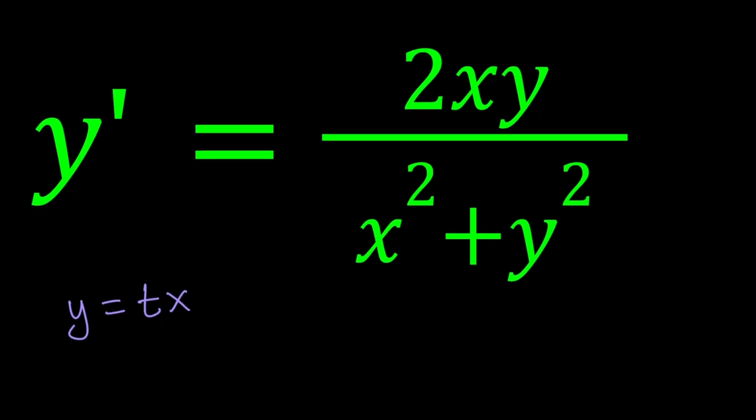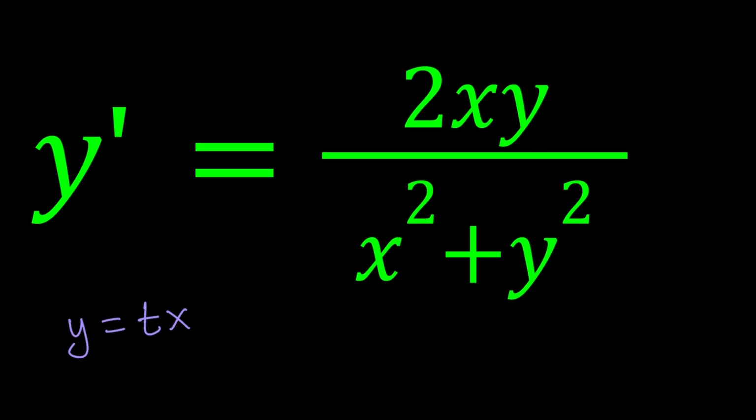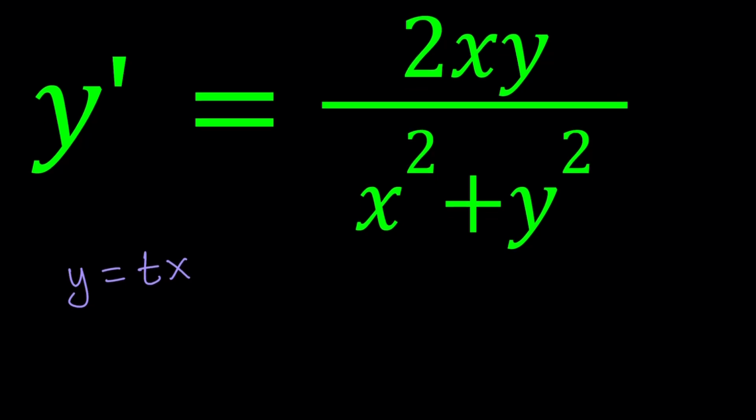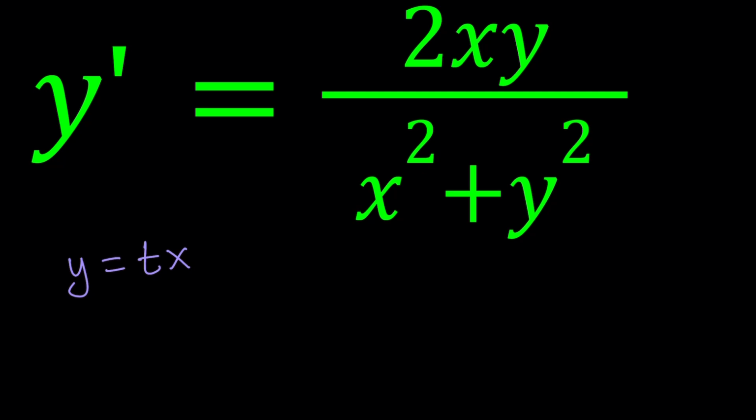Okay, cool. Notice, first of all, that x times y is quadratic, and x squared and y squared are also quadratic. So when we replace y with tx, something is going to cancel out. That's the goal, okay? But before the replacement, let's differentiate both sides, because I do need to know what t prime is. T is a function of x, but what is t prime?